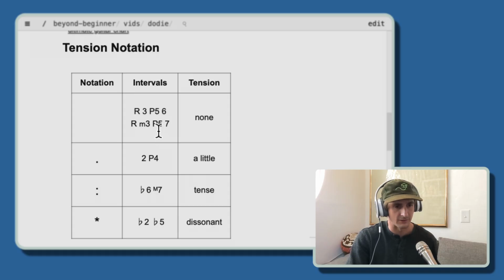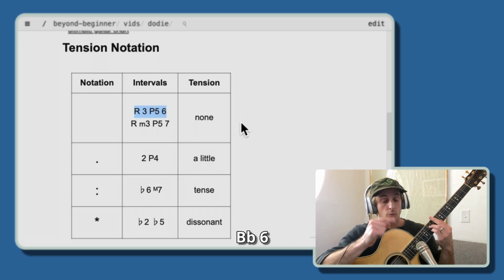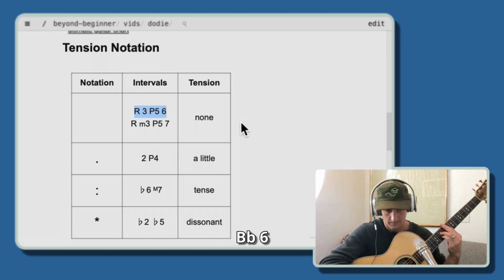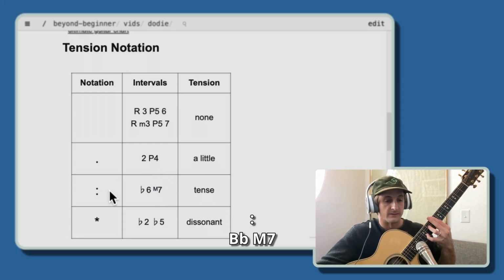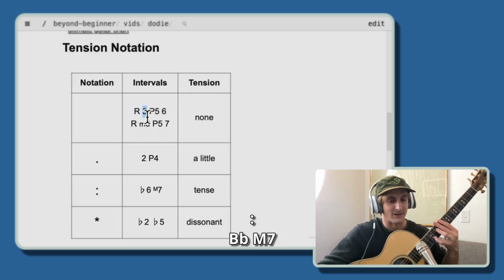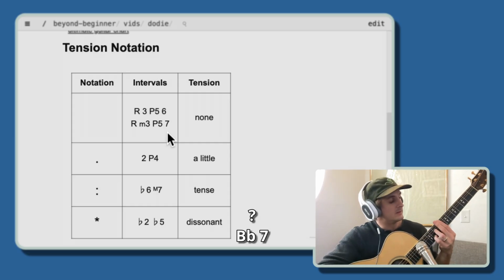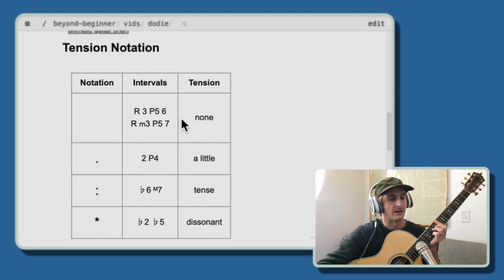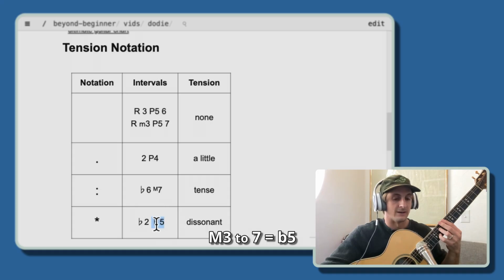If we consult our chart, I say that a root, a 3rd, a 5th, and a 6, or a 1-6 chord, has no tension at all. And I have a notation for whenever I add a major 7, which adds a bit of tension. The thing is, I don't say anything about having a major 3rd and a dominant 7 in the same chord. The distance between a major 3rd and a dominant 7 happens to have a flat 5 in it.